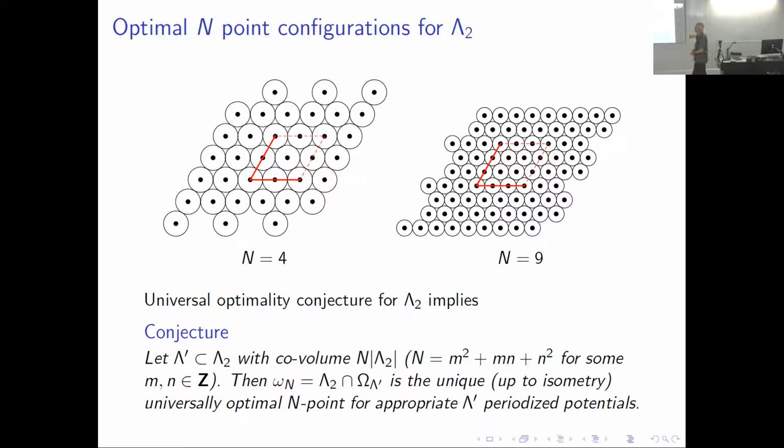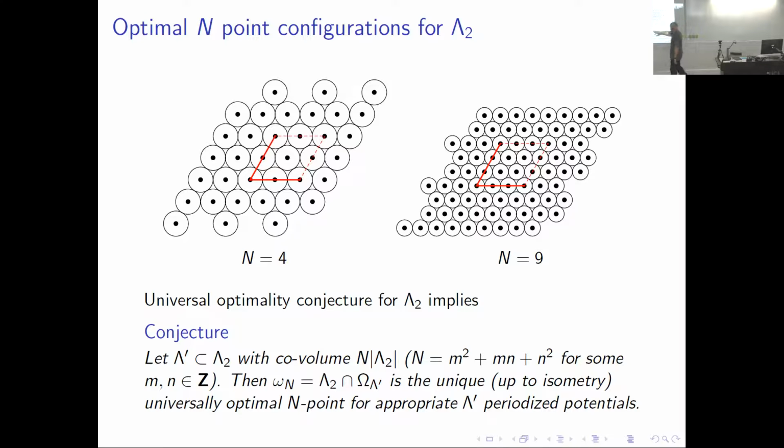So it's a weaker property that periodic configurations need to be optimal amongst all other periodic configurations. Now, if you can take the number of points to infinity, or the size, then that's enough to recover the full Euclidean one, the full Euclidean universal optimality.